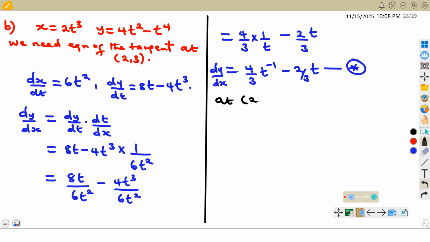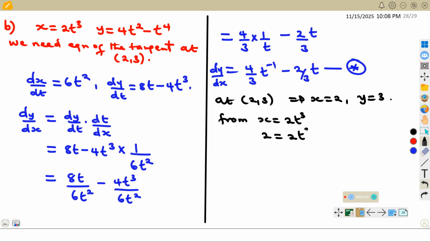So at (2, 3), it implies that x is 2 and y is represented by 3. Since we have x equaling 2t to power 3, 2 will be the same as 2t to power 3. So t to power 3 will be equal to 1. This implies that t will be the cube root of 1, and this remains 1. So t will be equal to 1.